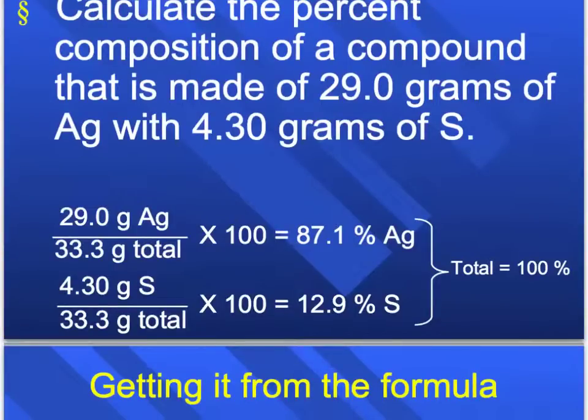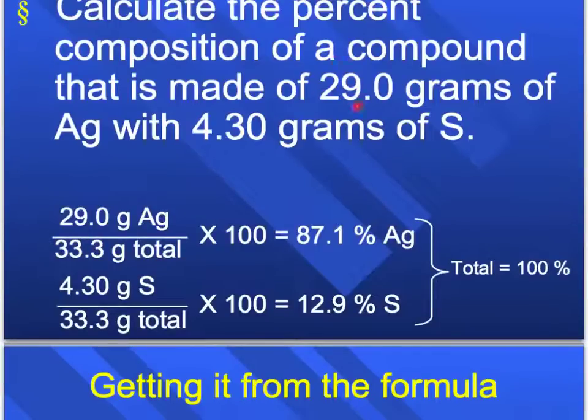So the problem reads, calculate the percent composition of a compound that is made of 29 grams of silver with 4.3 grams of sulfur. Remember what we said, you're going to take the mass of each substance, and in this case we've got 29 grams of silver. We're going to divide it by the total, and you're like, well, where did this 33.3 come from?